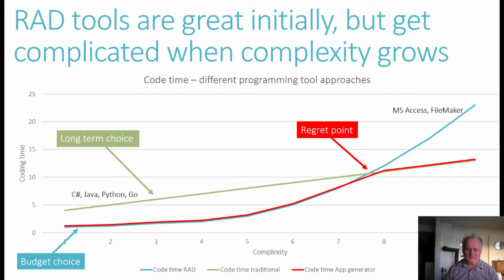If you do something which is outside the scope of what these RAT tools can do, then you have to kind of trick it or go outside the actual scope, and then suddenly it's not a very smart idea to use a RAT tool.